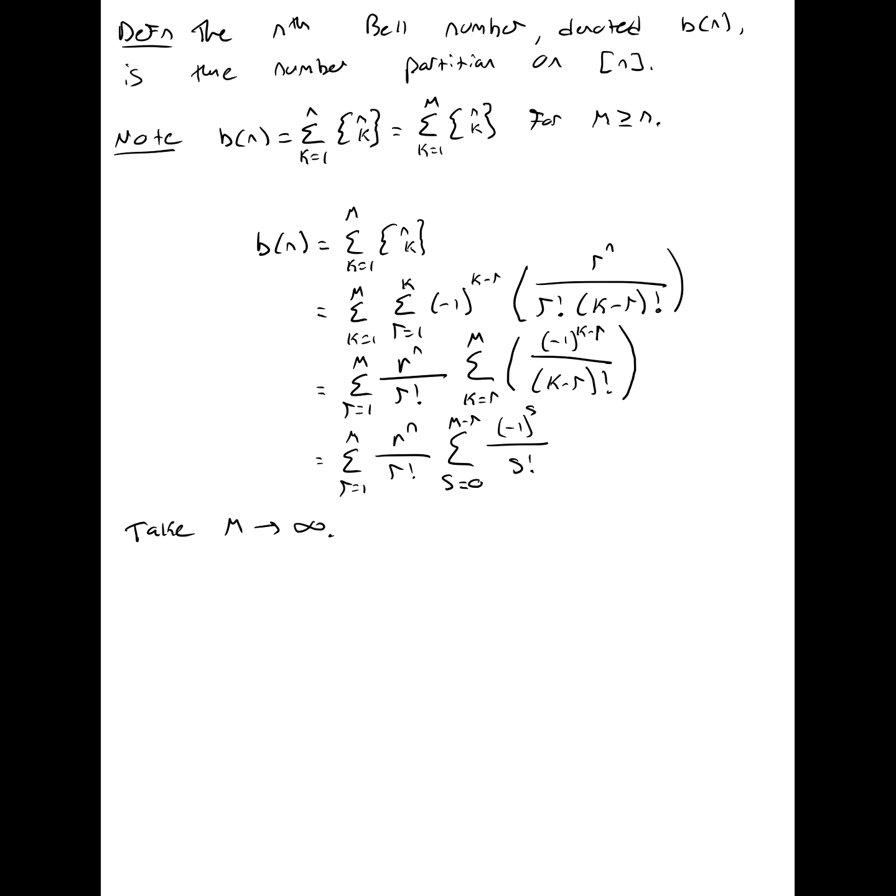Doing that, this piece right here, taking m to infinity, will just evaluate to 1 over e. So I'm going to rewrite b of n, and I can factor that out, and what would be left is the sum over r greater than or equal to 0 of r to the n all over r factorial. Which is kind of cute. It's a series that we've maybe seen before.